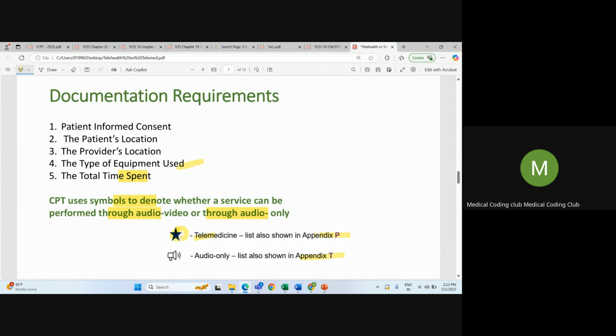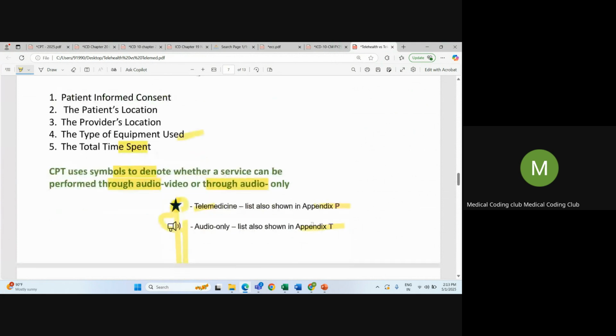And some services can be performed through audio only. Audio is sufficient, so those kinds of CPTs will be listed with the audio symbol. Just go ahead and check Appendix P and Appendix T in your CPT book. You will be able to understand.